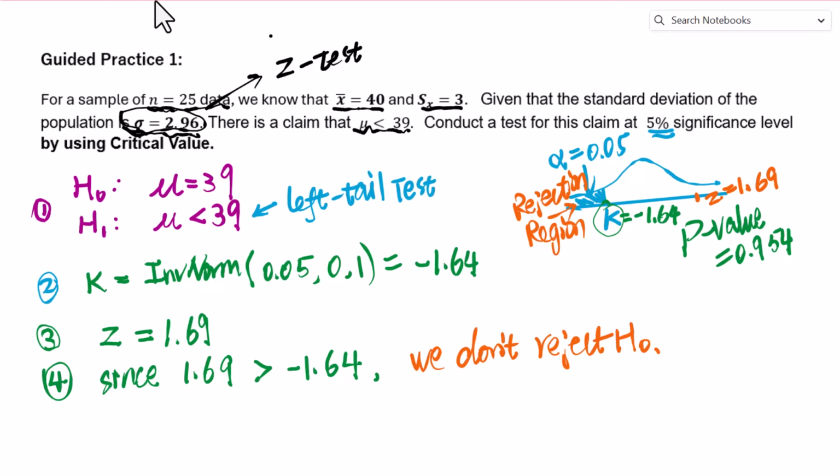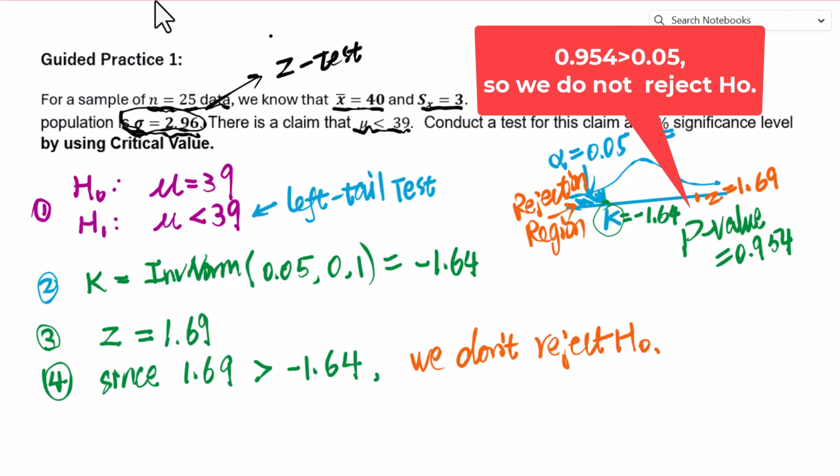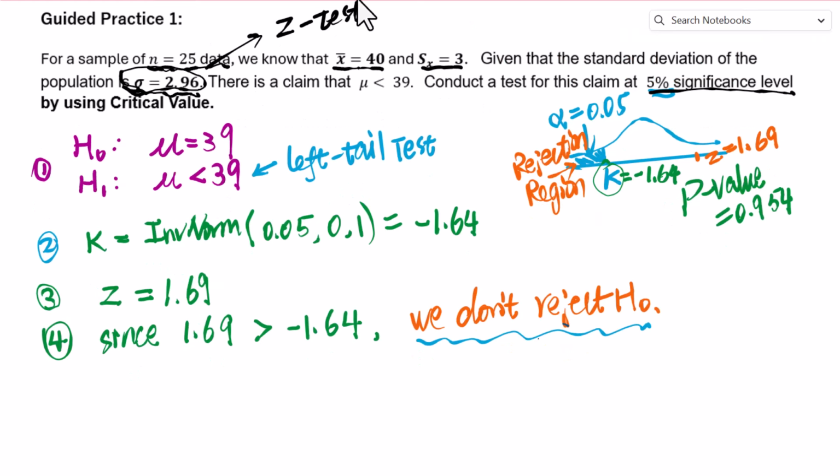If you use a p-value, you will get the same conclusion. P-value 0.954 greater than 0.05, we do not reject H0. Go back and check. The claim is mu less than 39, which is H1.